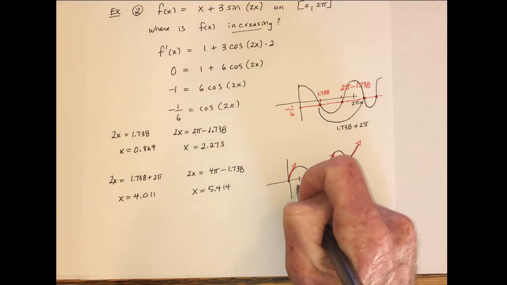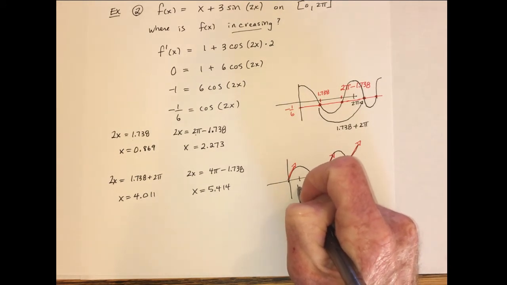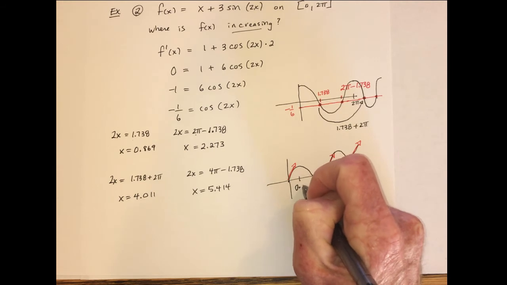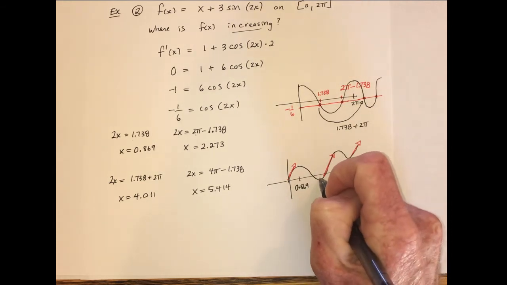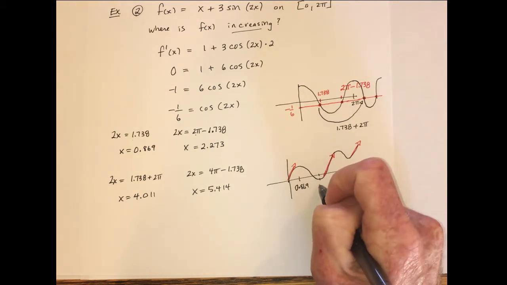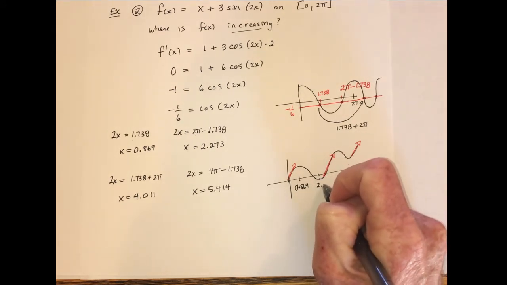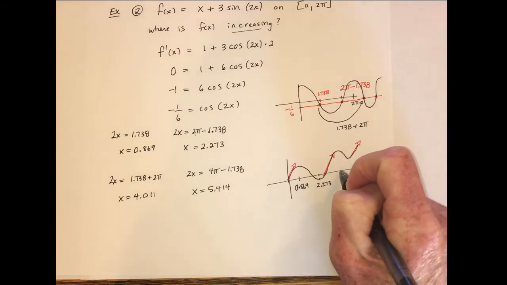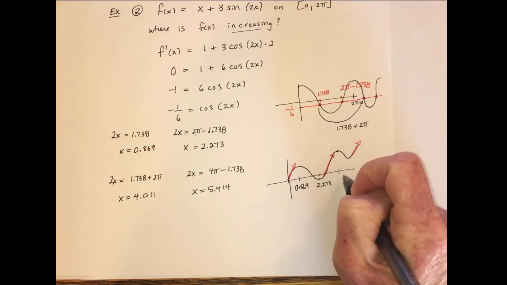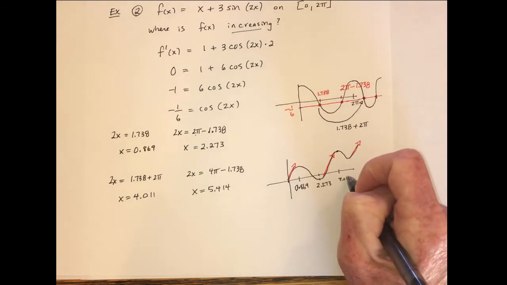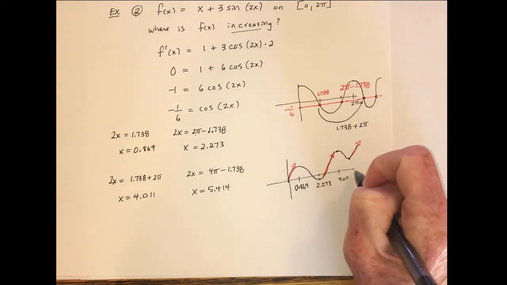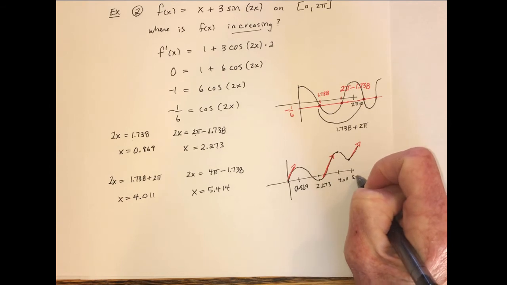And then right here was the 0.869. And then starting right here, this is the x equals 2.273. And then at this point, that's 4.011. And then this point is 5.414.